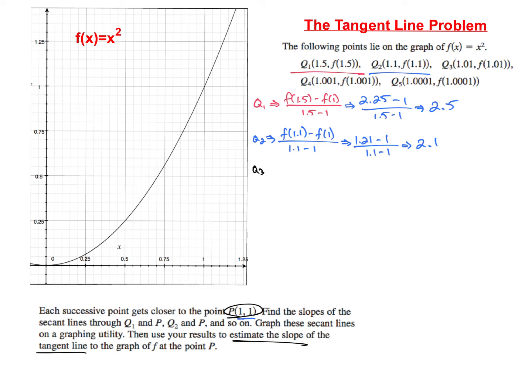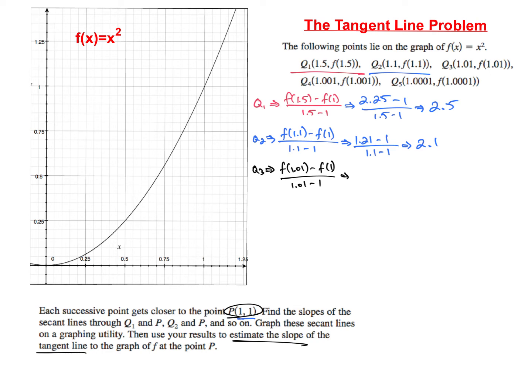Now let's do Q3. So let's find the slope between 1, 1 and our point Q3. So I'd end up with f of 1.01 minus f of 1 over 1.01 minus 1. Well, this is a nice little pattern.